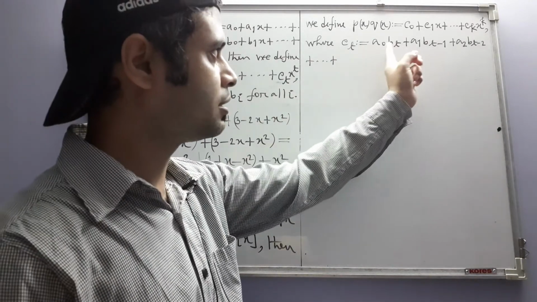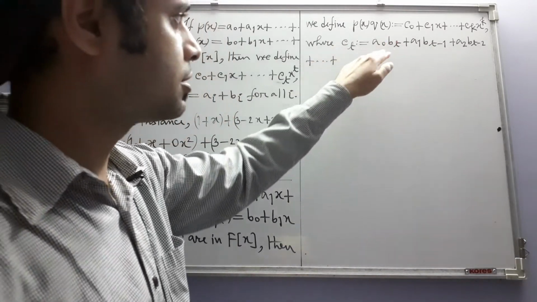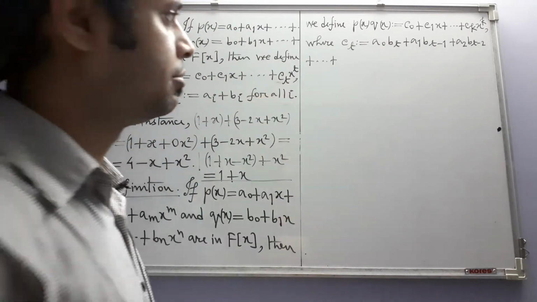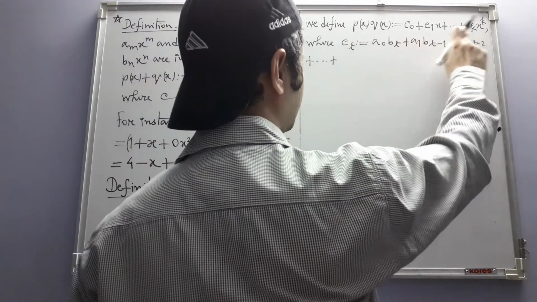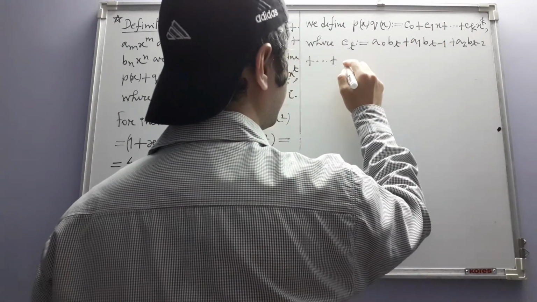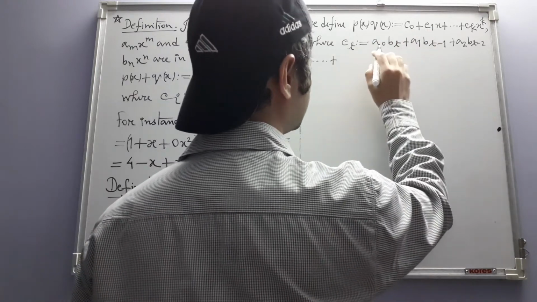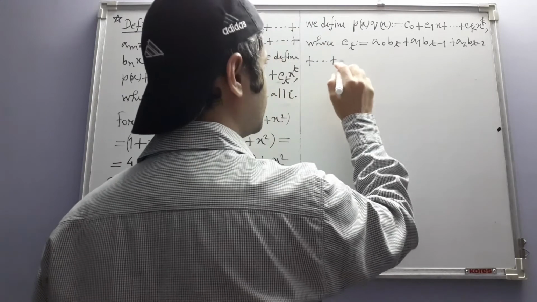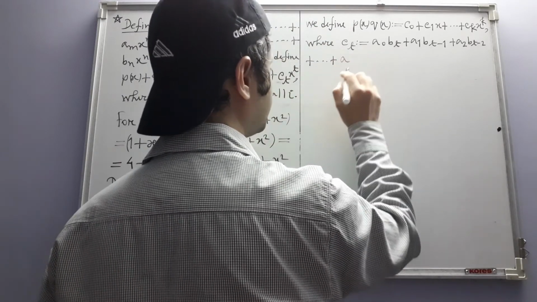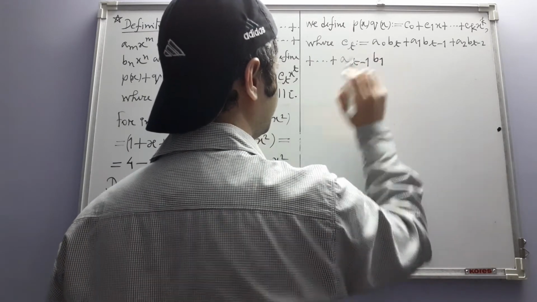However, note that since all the ai's and bj's are field elements, this is an ordinary sum in the field. Unlike this sum where the addition has no separate meaning. We will attach some meaning to it, but afterwards. So it will progress like this. At some stage we will encounter a t minus 1 and b1.